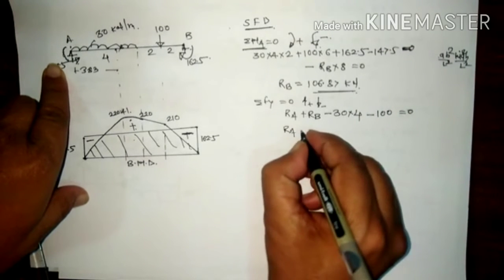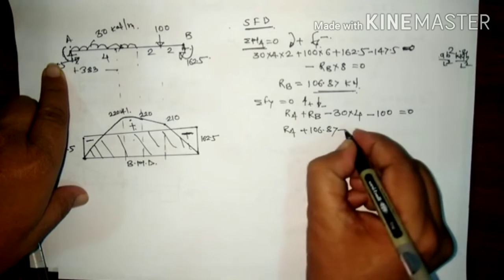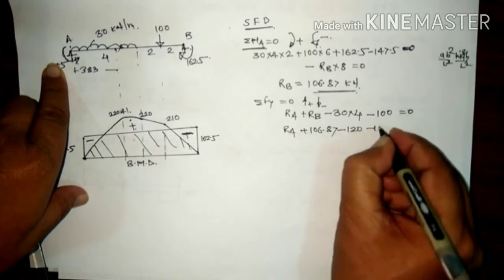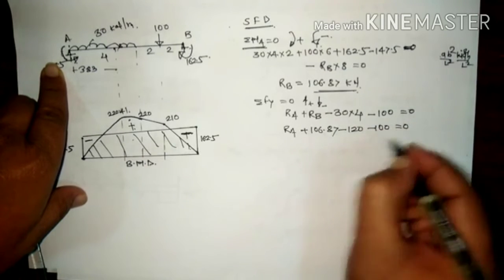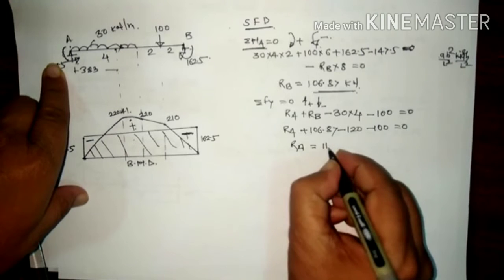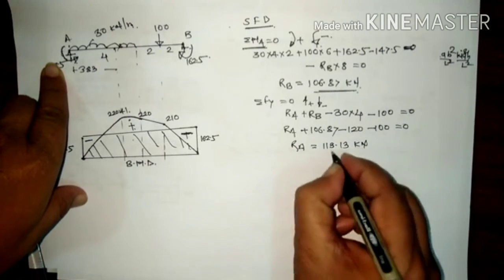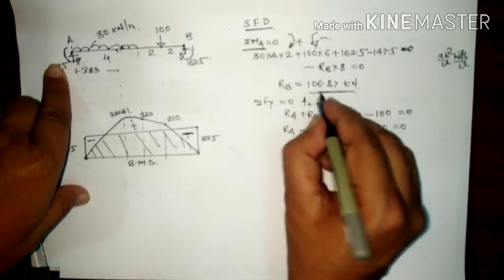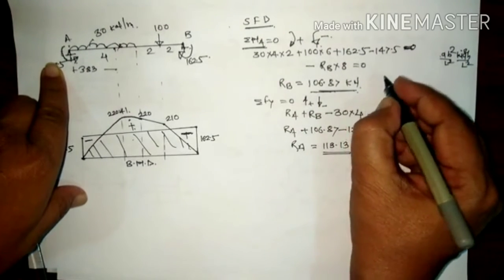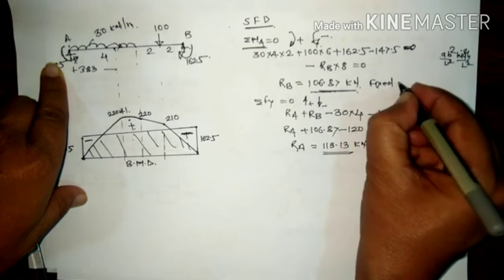So Ra plus 106.87 minus 120 minus 100 is equal to 0. So this Ra becomes 113.13 kilonewton. So these are the reactions considering the fixed end moment.